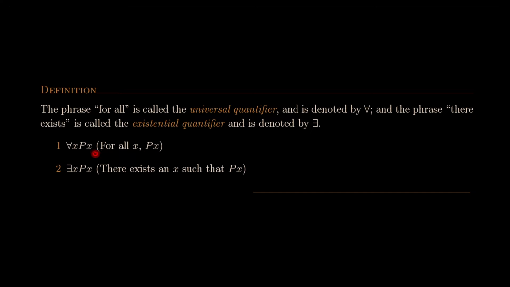This symbol is read "for all x, p of x", or p of x if you use a pair of brackets around it. And when you see the other symbol, you read it as "there exists an x such that p(x)". Some people read it as "there exists at least one x". That's also correct. But there exists an x such that p of x. So these are called universal quantifiers and existential quantifiers.